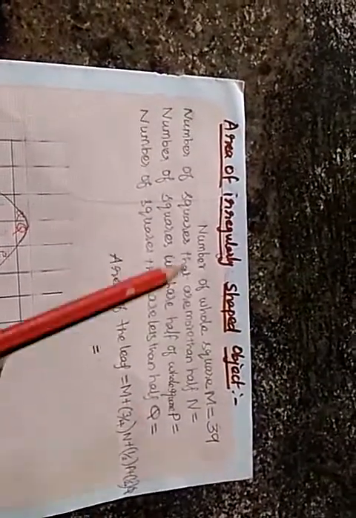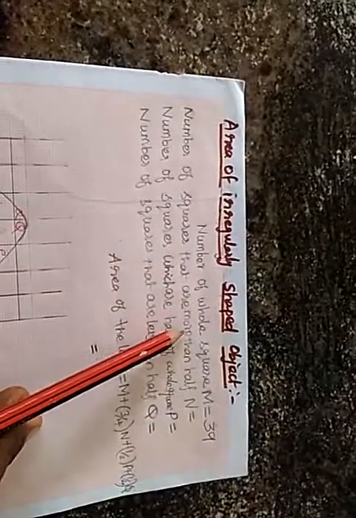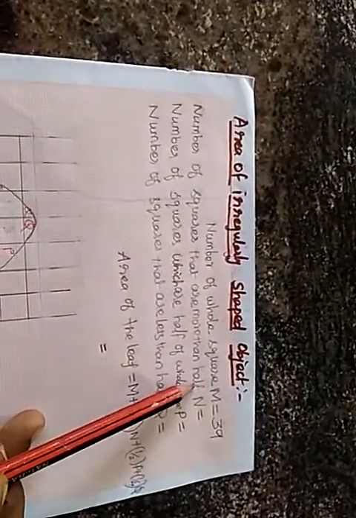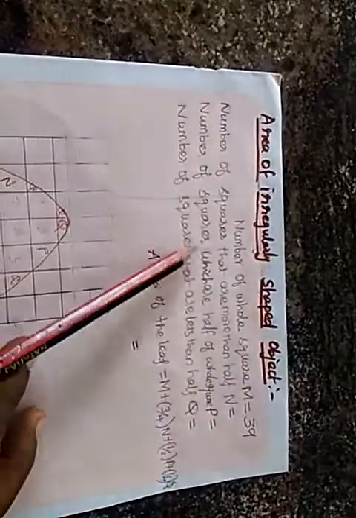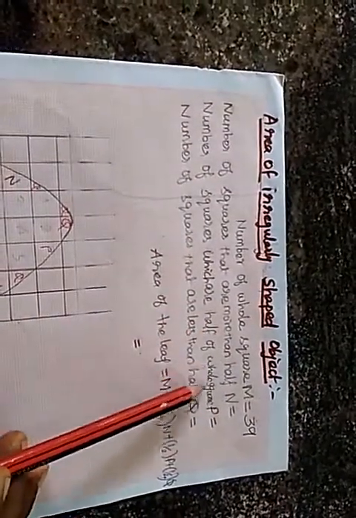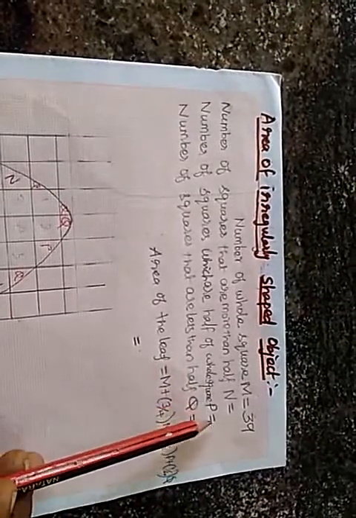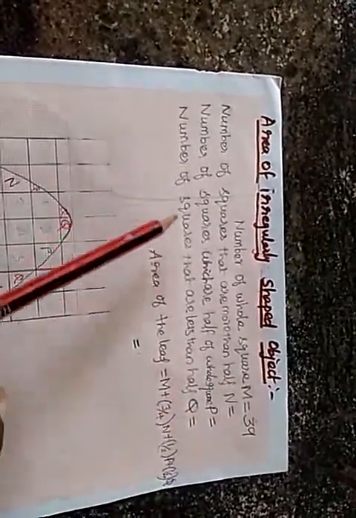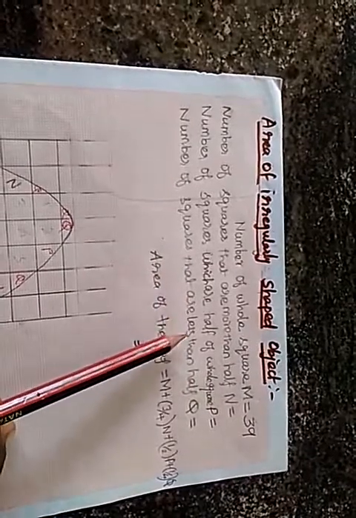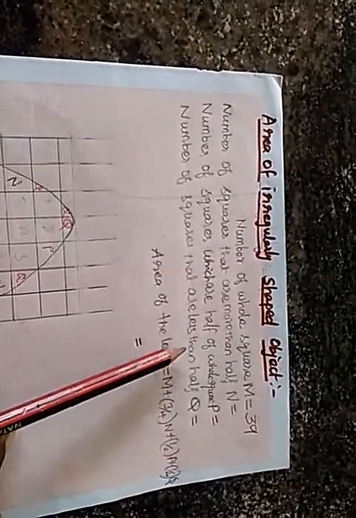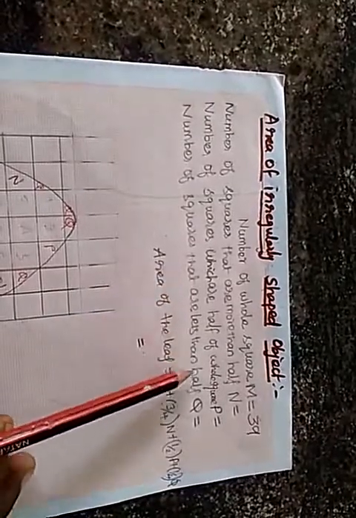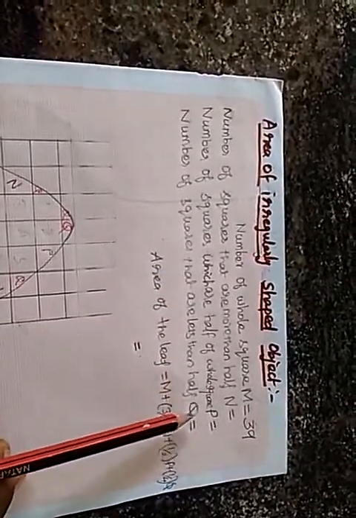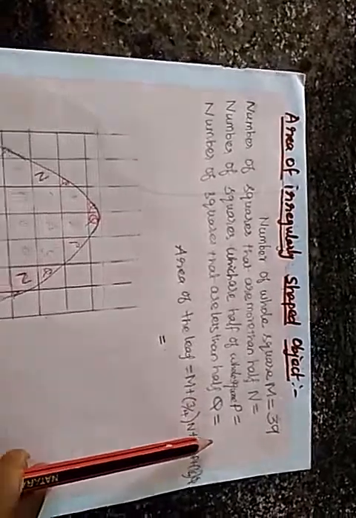Then we count the number of squares that are more than half. It is denoted n. Then the number of squares which are half of the whole square is denoted p. Then the number of squares that are less than half is denoted q.